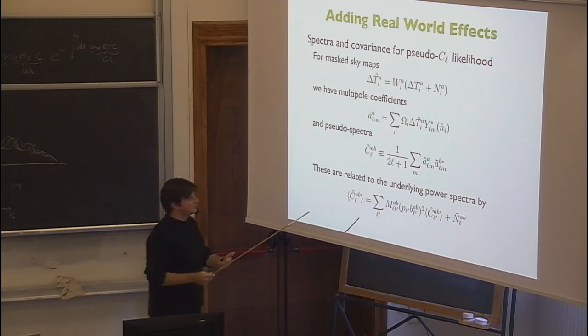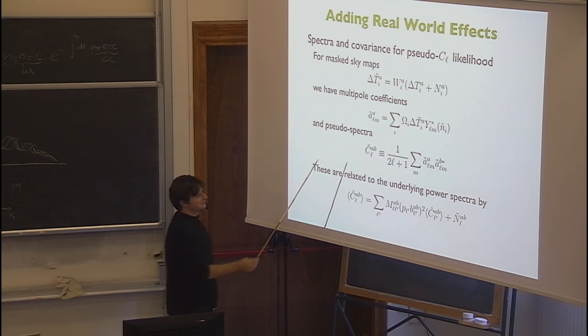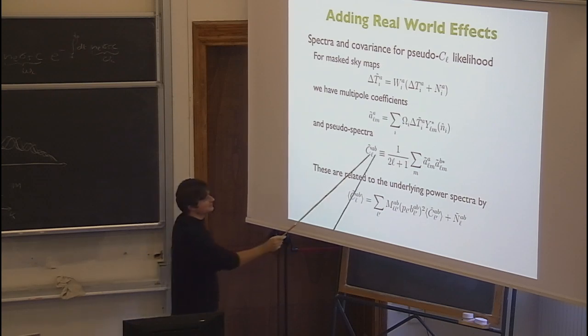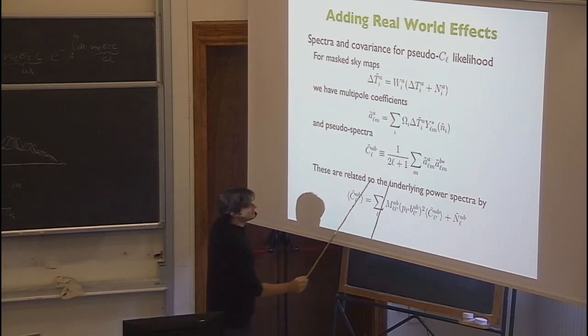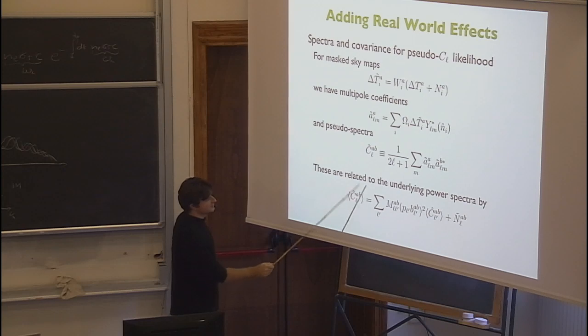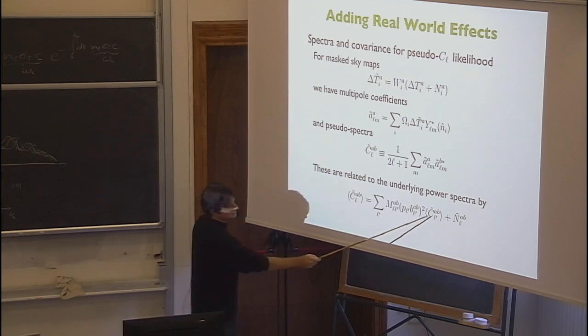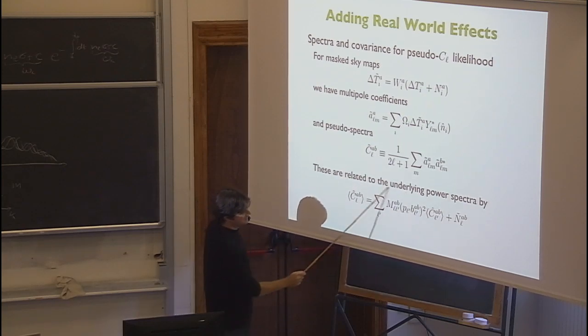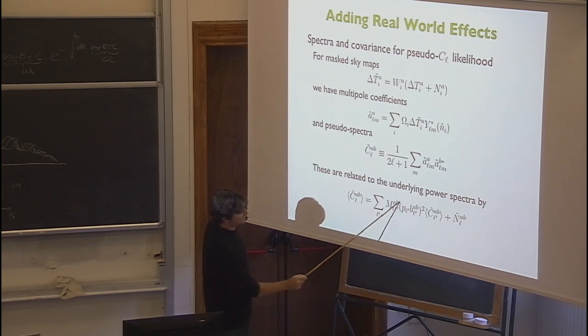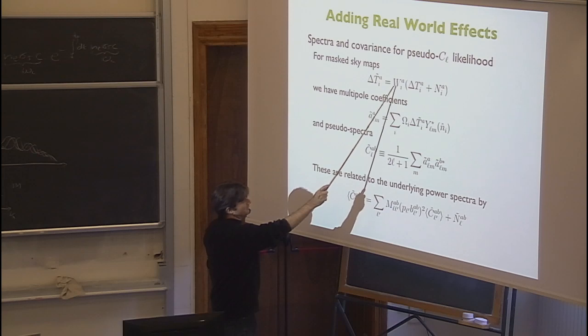These are not close to the theory CL, so you still have to do something with them, but you can show that on average, so if you take the ensemble average of these, they're related to the CLs that you're interested in this way. There's a thing called the mode coupling matrix that you can compute in terms of what you did with the weighting.